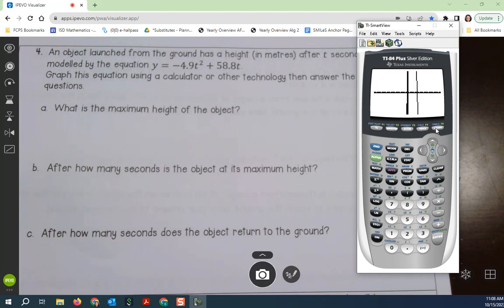It's not really good enough. Next thing I can try is zoom fit, which is 0. Okay, it's looking a little bit better. I just want to see a little bit more on the top there, so I'm going to go to window and I'm going to change my Y max to be just a bit bigger. I'm going to try 200 for my Y max and see how that looks.